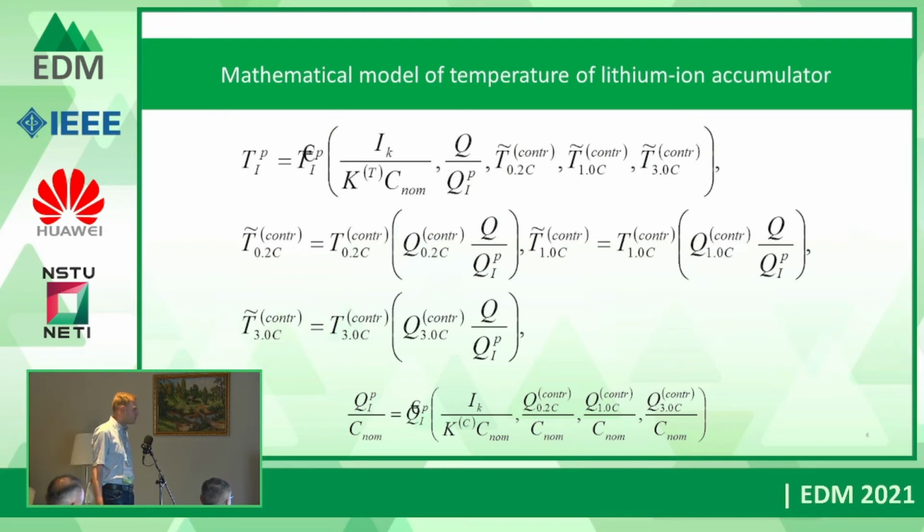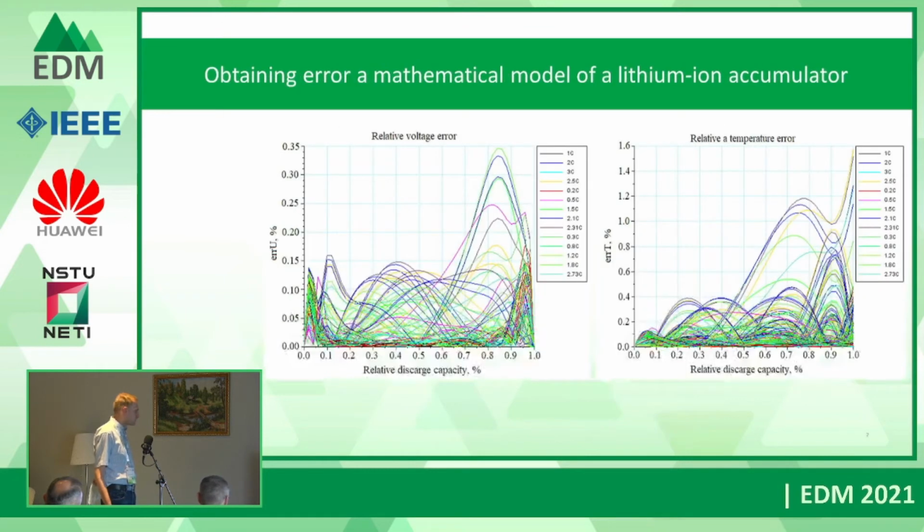The discharge model of the temperature is a polynomial of third degree in the current capacity and second degree in the control temperature. The error of building this model of voltage and temperature from the model of physical and chemical processes is reported on this slide.